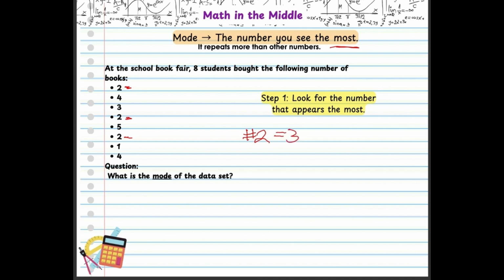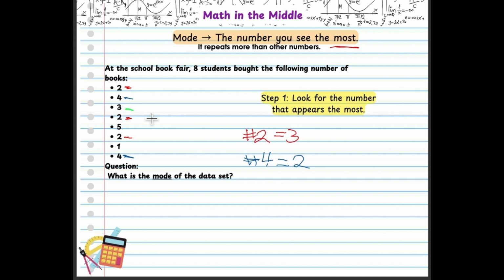Okay. Let's take a look at number 4 here. So we got 1, 4, and 2, 4. Okay, so number 4 shows up twice. Okay, and let's take a look at 3.